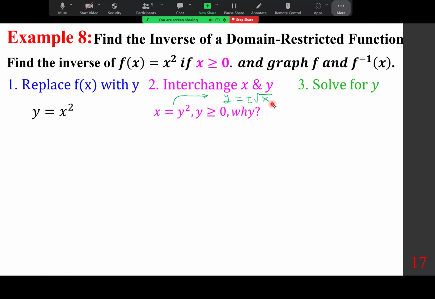That's what you want to be careful about when you solve for y. Okay, y is square root of x. What do we call this? f inverse. So f inverse is square root of x, and as you know, for square root of x, x must be greater than or equal to 0.